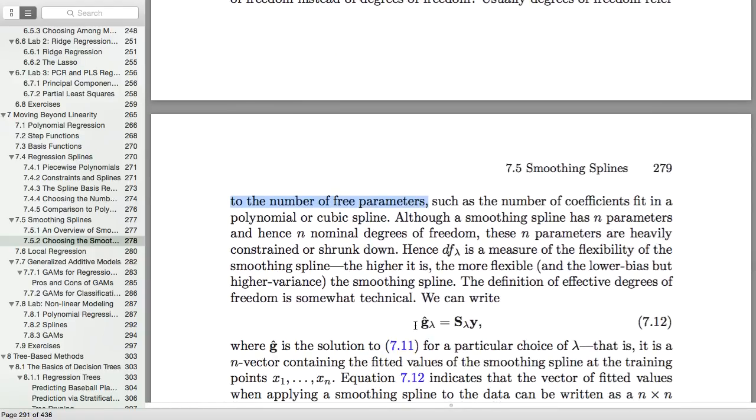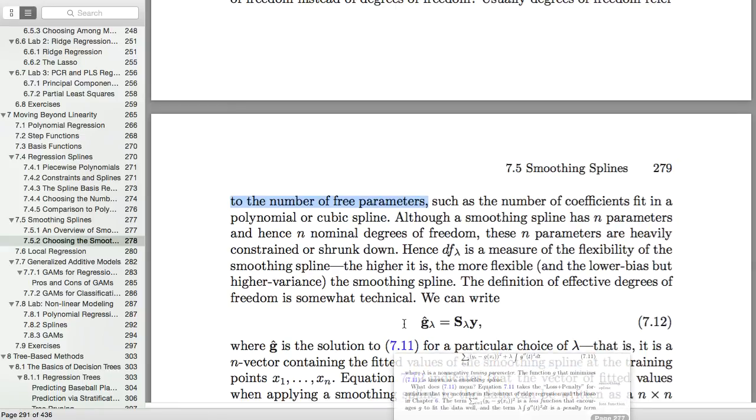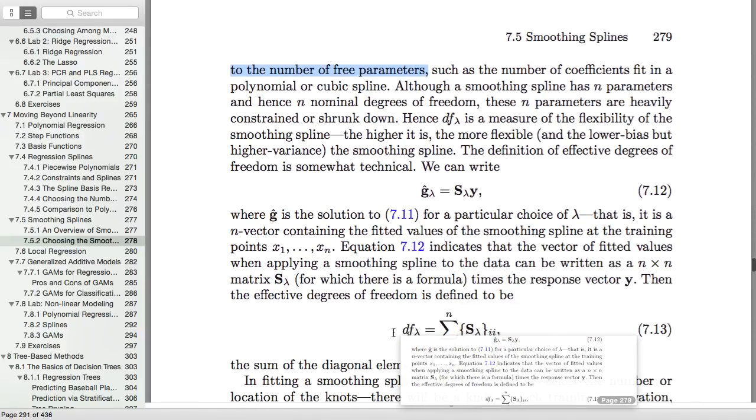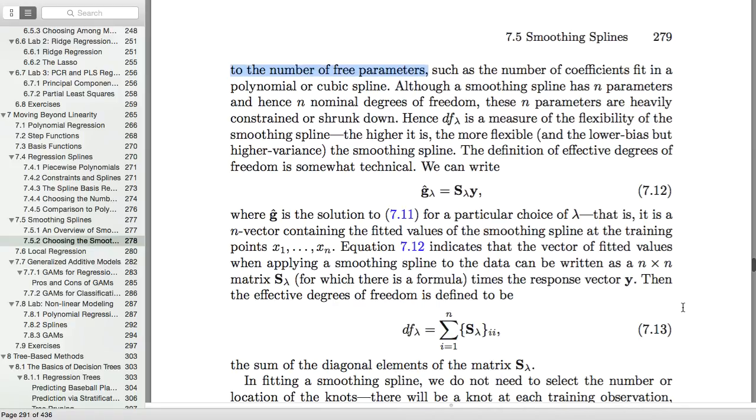And the reason for it is this. We have this equation that you don't have to worry about. You don't have to actually do anything with it. But this equation leads us to the idea that the degrees of freedom can be expressed as the sum of the diagonal elements of a certain matrix here. This expression here says sum, and the curly braces say the element of, and ii means the elements along the main diagonal.